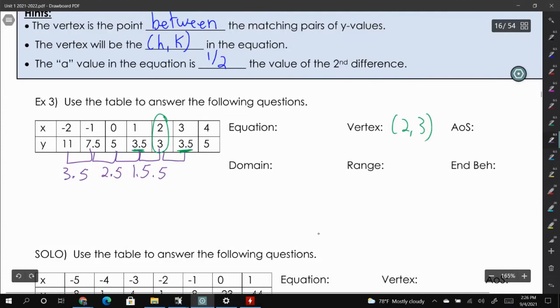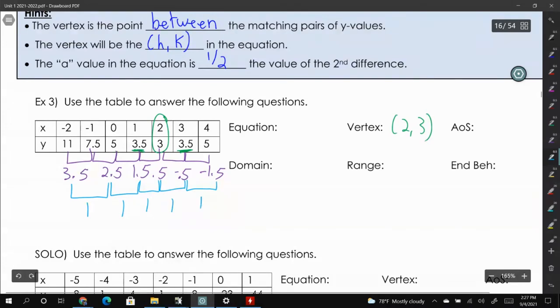Then we have 0.5. We have negative 0.5, negative 1.5. Then the second difference, 3.5 minus 2.5 is 1. 2.5 minus 1.5 is 1. 1.5 minus 0.5 is 1.